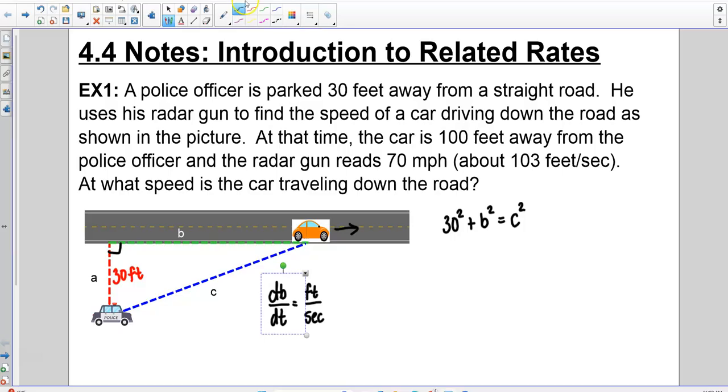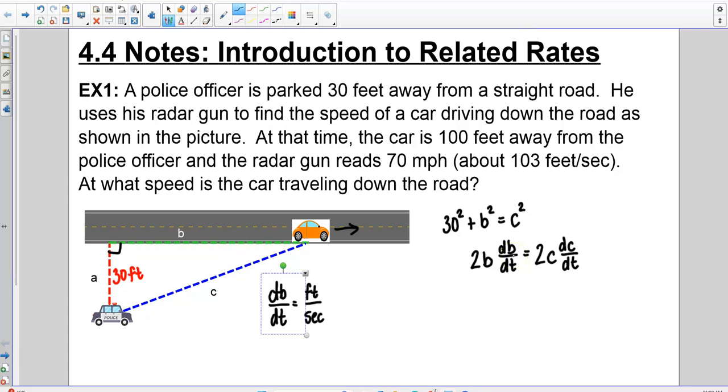So I'm going to take the derivative. The derivative of 30 squared is just 0. It goes away, that's just a constant. And so I've got 2B dB/dt plus 2C dC/dt.